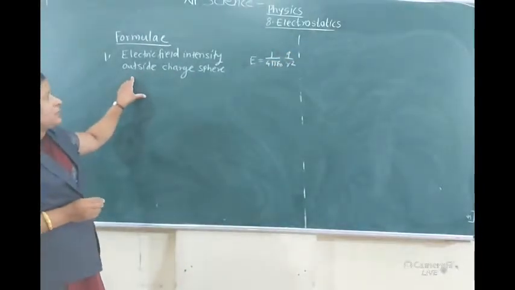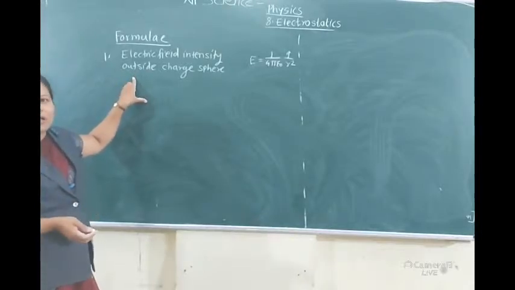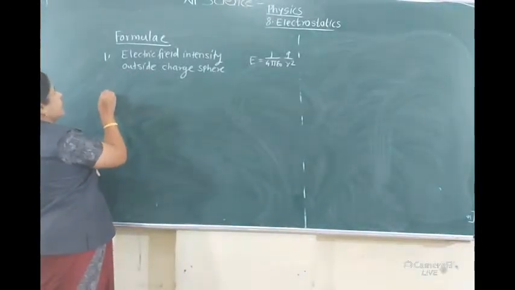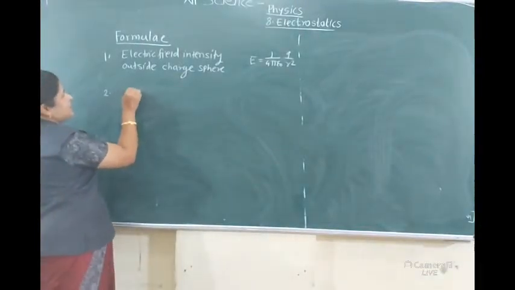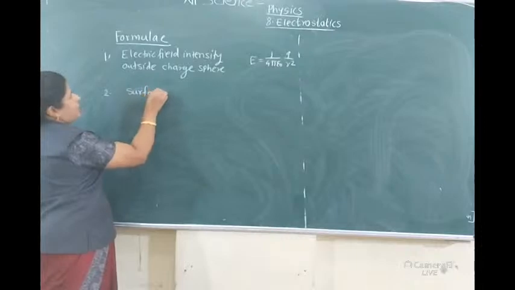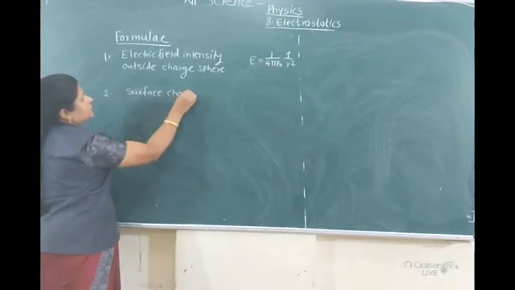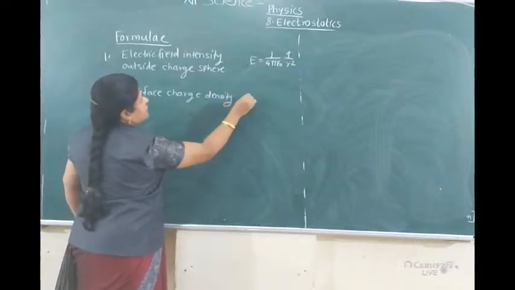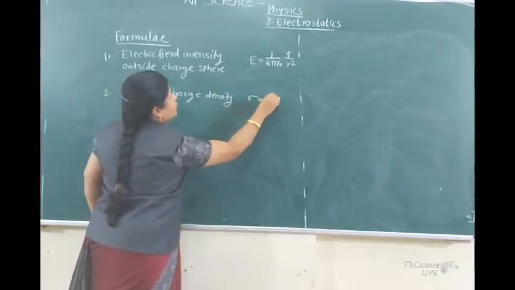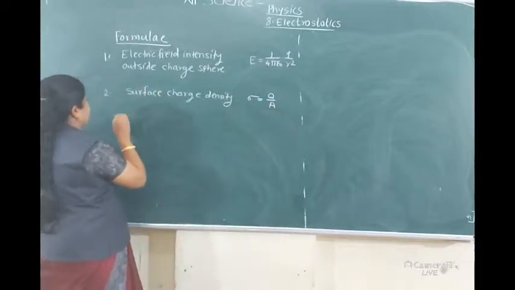This formula is important for solving the numericals. The second equation is the surface charge density, sigma is equal to Q divided by A.